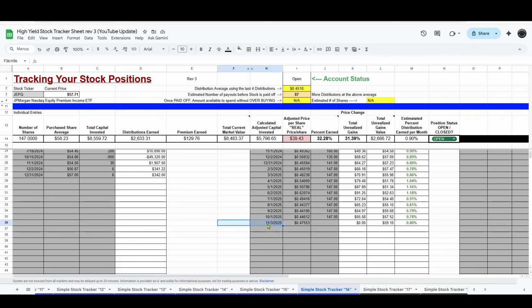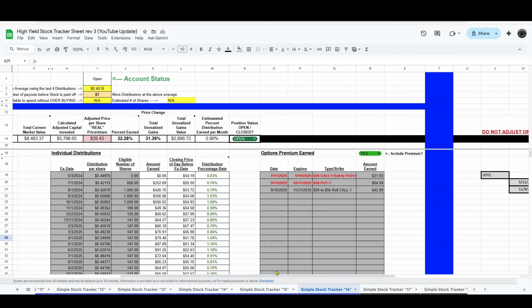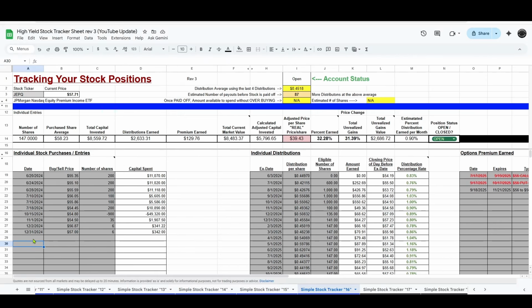So I wanted to make sure that you are aware of that, as I'm not sure I was. But I did look it up, and sure enough, anytime before market open of the X date, if those shares are called away, then you will not receive that distribution. So for that assignment here, and that has to do with this right here, right? For that assignment, I'm going to put in 11/2 as that date.